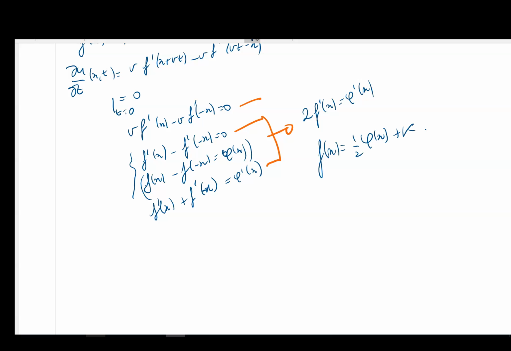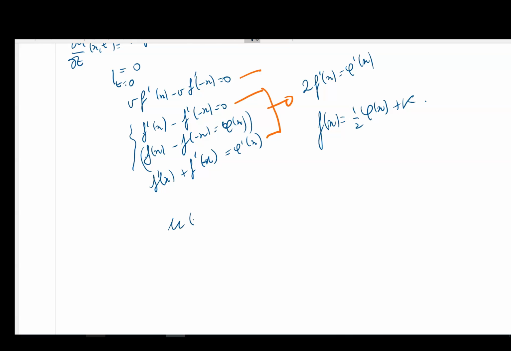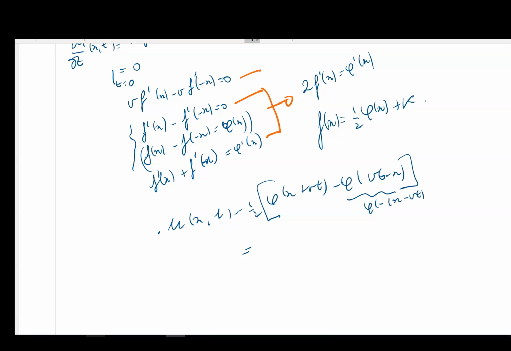Okay, so what do we get? We get that u of x, t is equal to 1/2 phi of x plus vt minus phi of vt minus x. And as we know that our function phi was extended by odd parity, that's really phi of minus x minus vt.